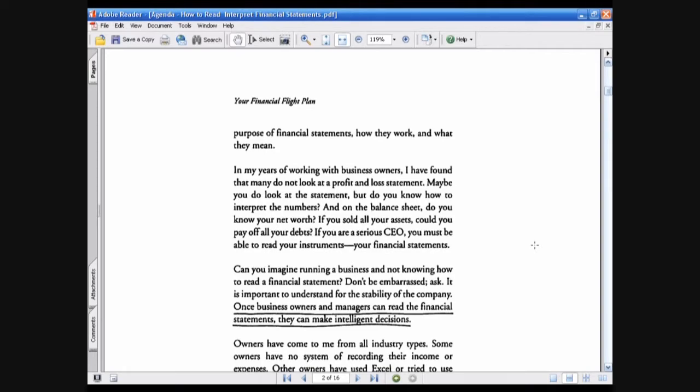Can you imagine running a business and not knowing how to read a financial statement? Don't be embarrassed. Ask. It is important to understand the stability of your company. Once business owners and managers can read financial statements, they can make intelligent decisions.